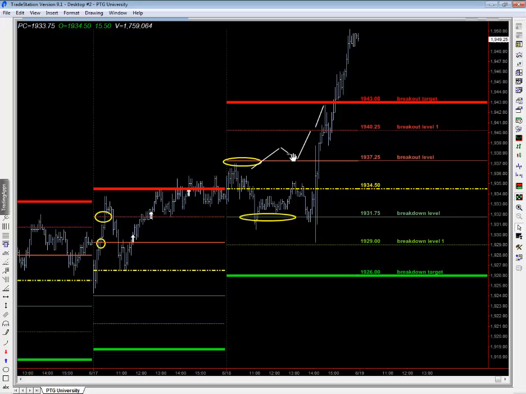But the interesting part of this particular method for projecting targets is that probabilities increase. If the breakout level gets broken and converts, there's a good probability that the next level is going to get hit.